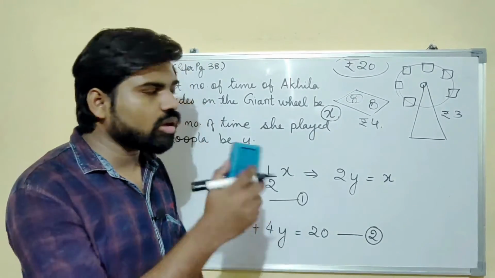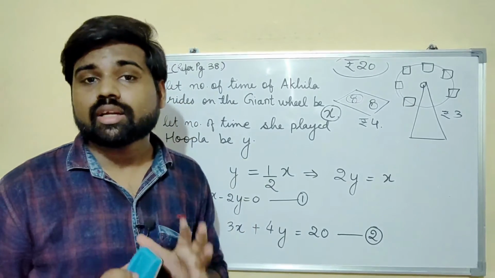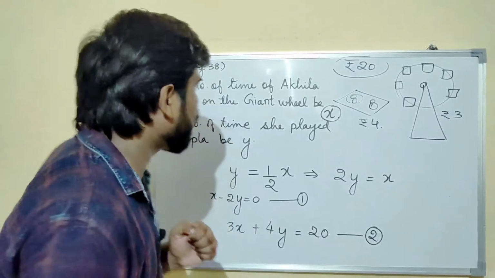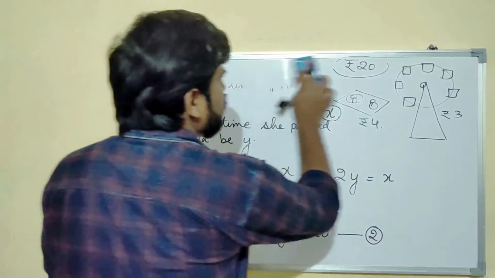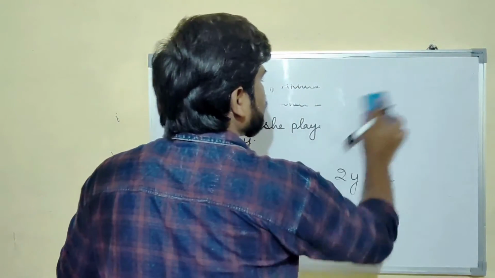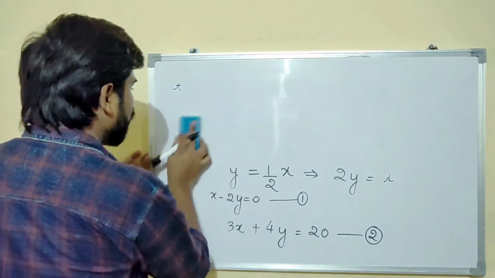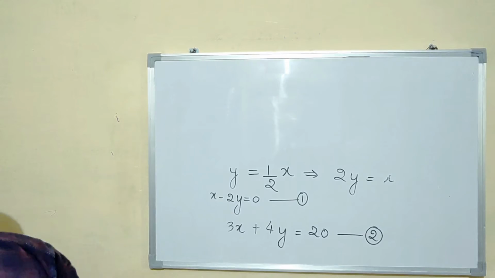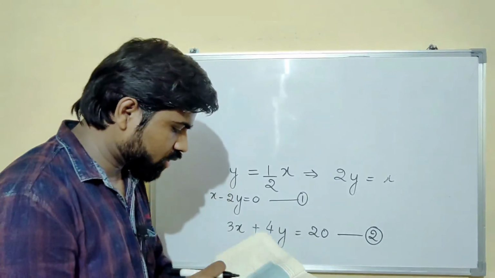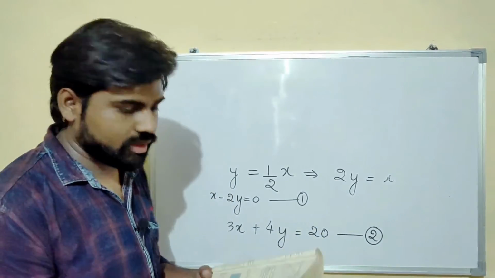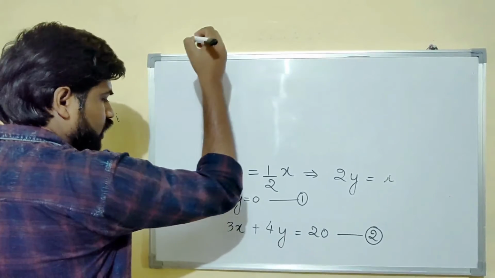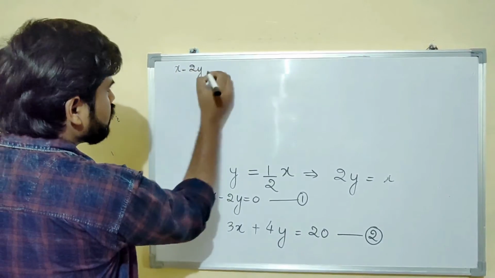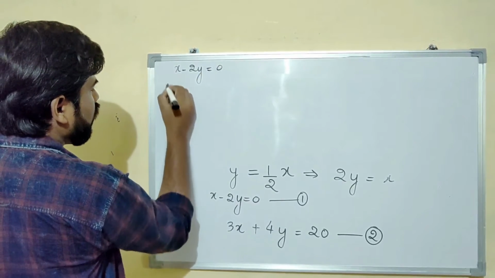Now let us plot the graph for it. I am plotting a rough graph, then I will show you the fair graph for it on the screen. Let me just rub it for you and then let us find out the points to plot. I am taking the help of the book because they have already found out the points, right? For the equation x minus 2y equals 0, let us find the points.